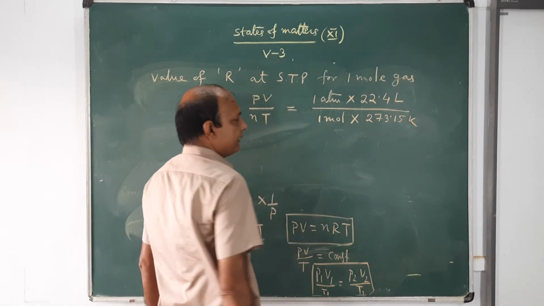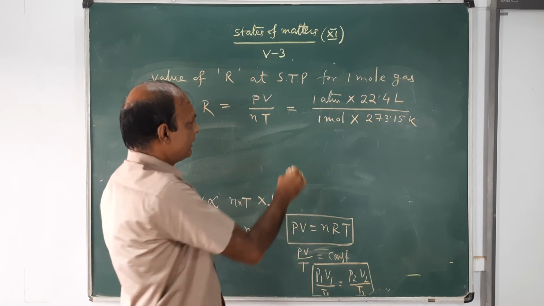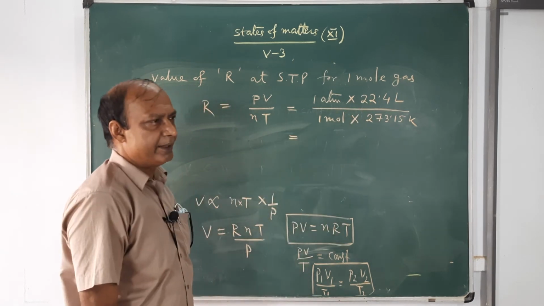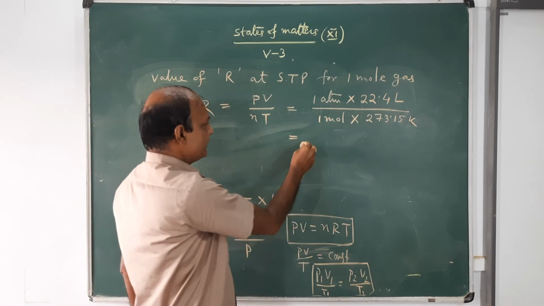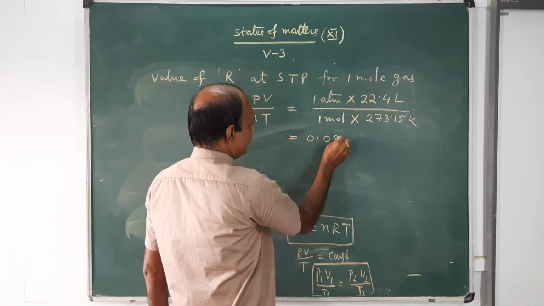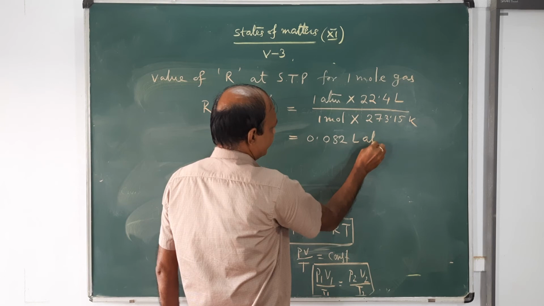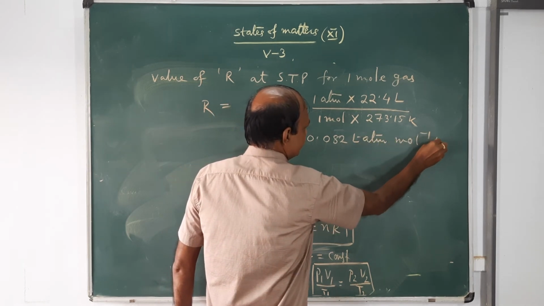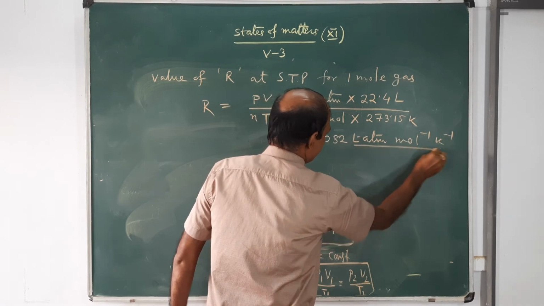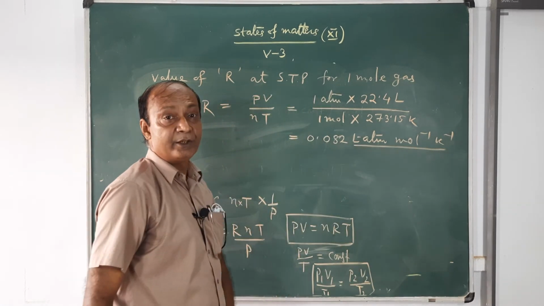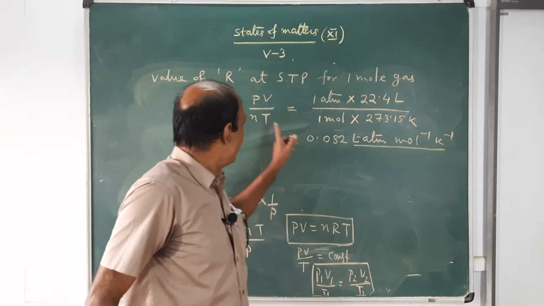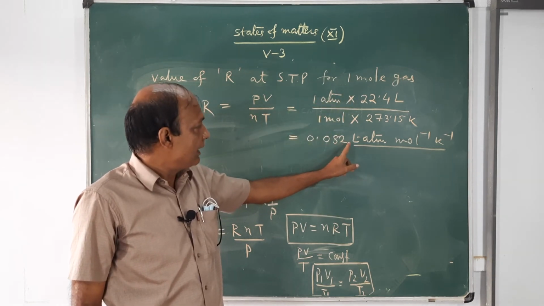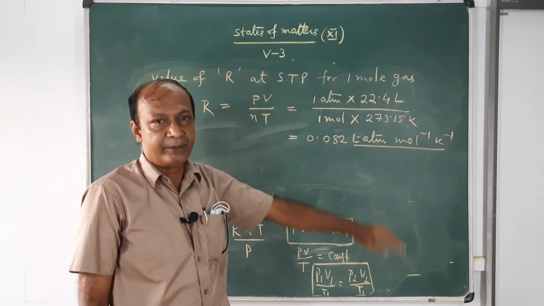So see, R has a big unit. If you calculate it, it can be rounded up to 0.082 liter atmosphere mole inverse Kelvin inverse. This is the unit of R, and the value of R at STP for 1 mole of gas is 0.082 liter atmosphere mole inverse Kelvin inverse.